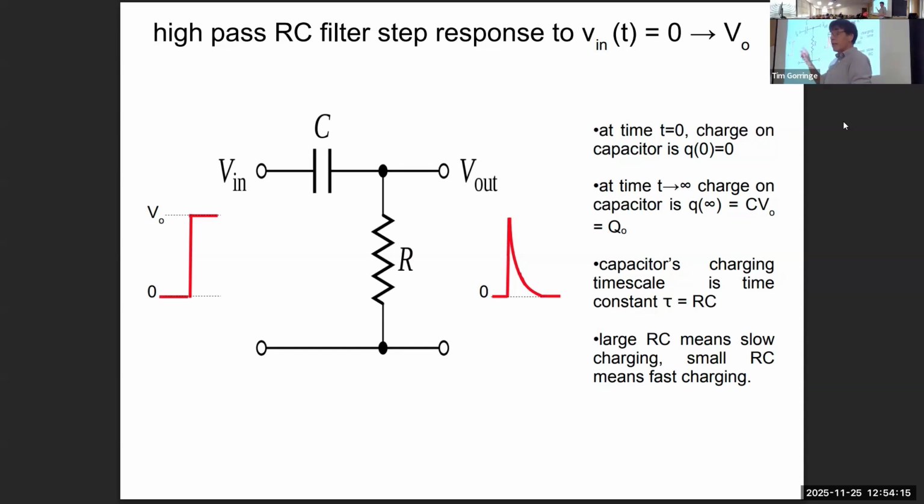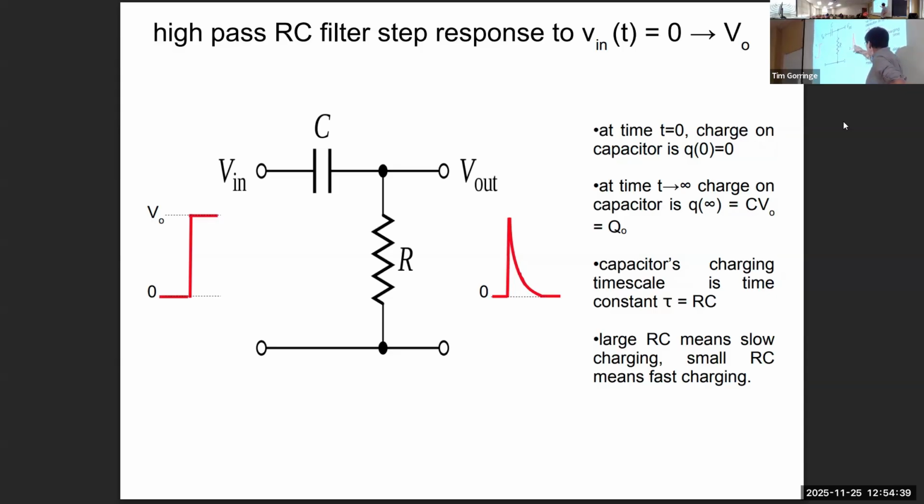But once the capacitor gets fully charged up, then the current flowing through the resistor onto the capacitor ceases, and we'll see no voltage across the resistor because there's no current flowing through the resistor.